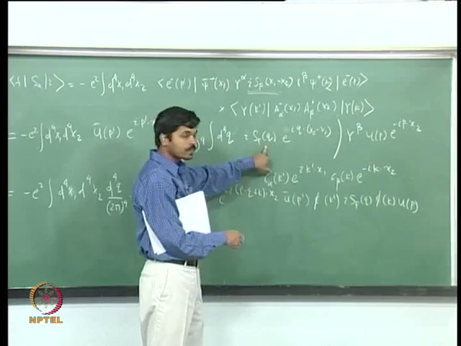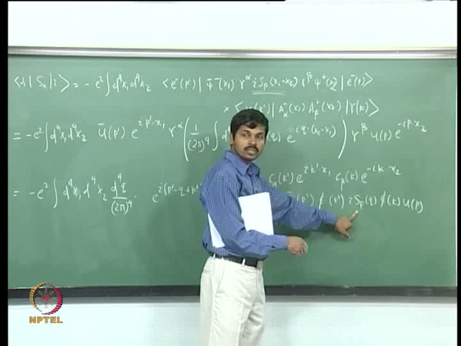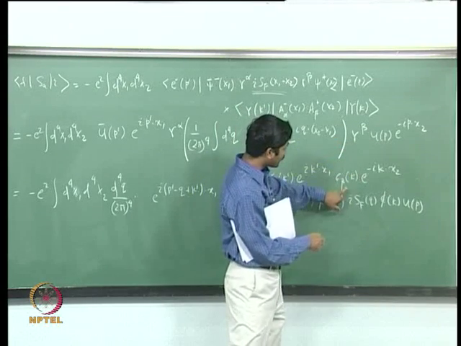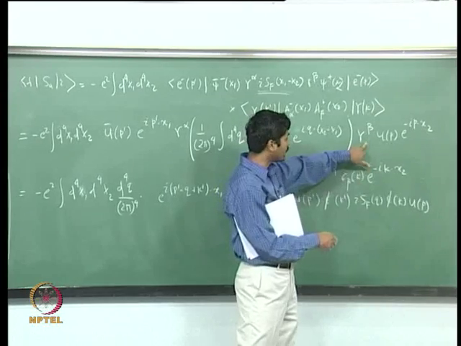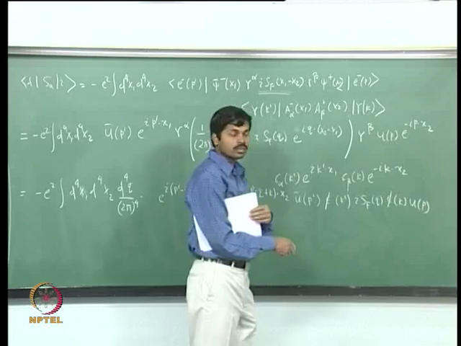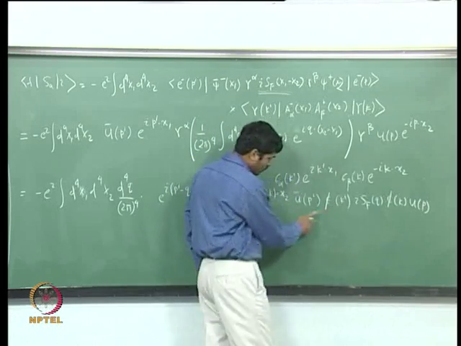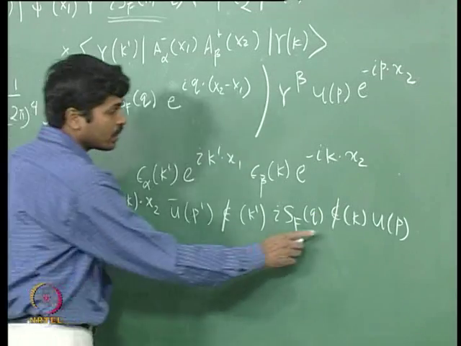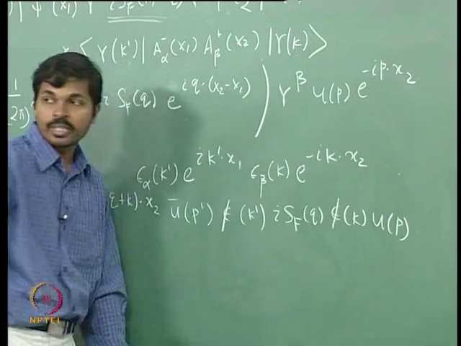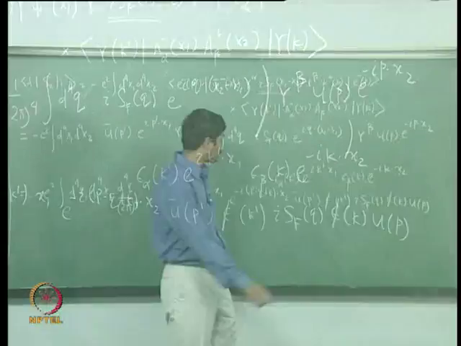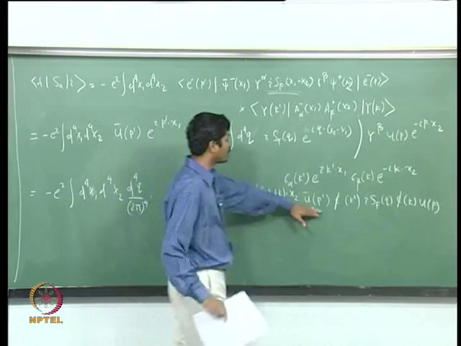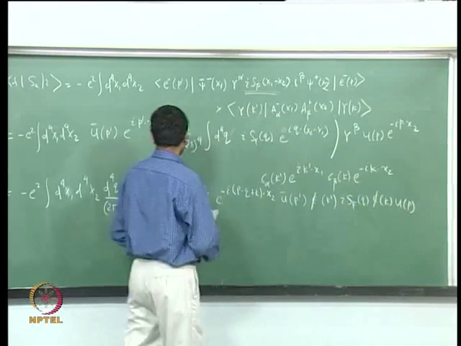Then I have S_F of q, which is here, and finally I have again this gamma beta. I can take this number epsilon beta k, that will give me epsilon slash k, and finally I have u of p. Remember, I do not have the freedom to move these things anywhere other than where they are. Of course, I can write them in terms of their components, and then I can move the components around because they are just numbers, but these are not numbers, so they stay where they are.